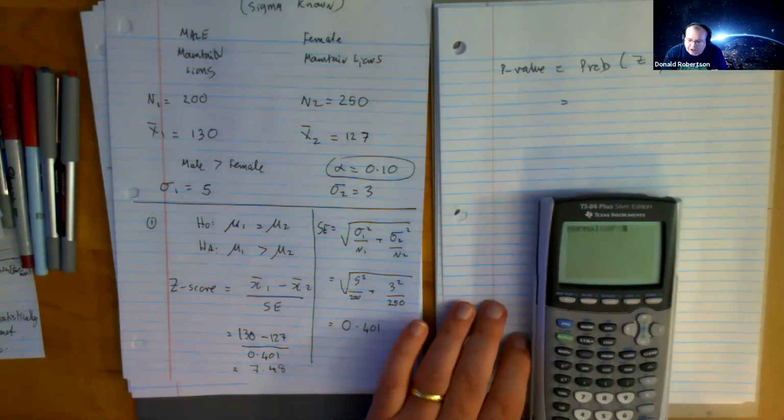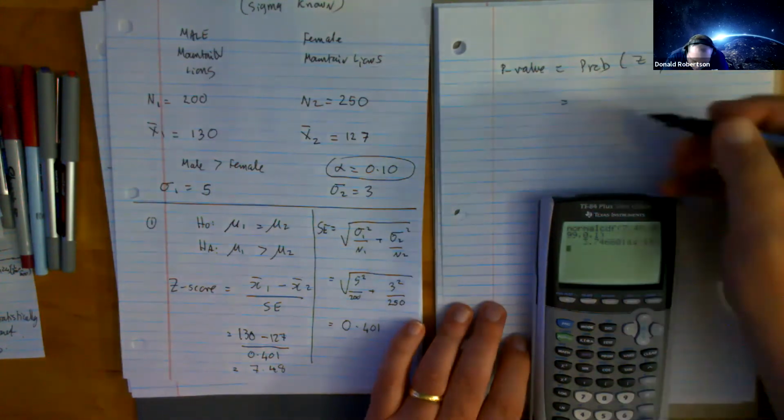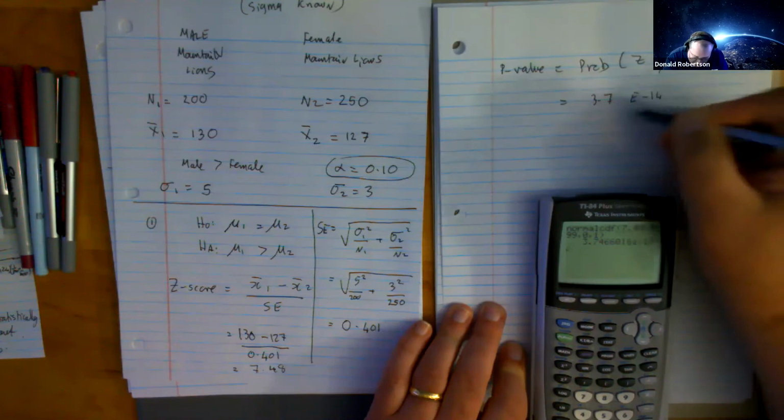Get our normal CDF: 7.48, 999, with a mean of 0 and a standard deviation of 1. And I'm getting one of those e to the -14 guys.